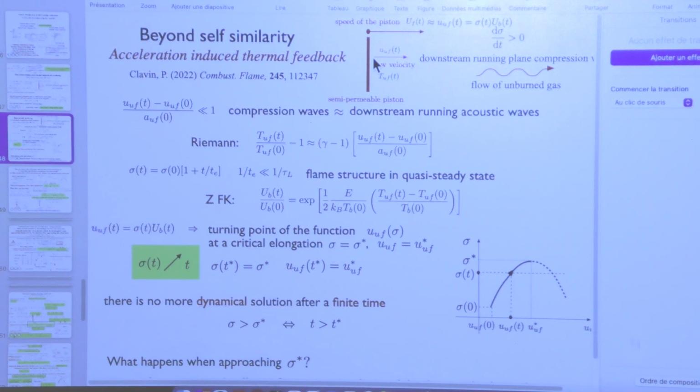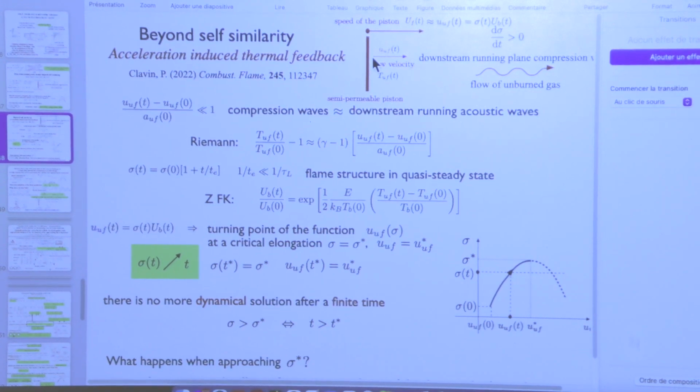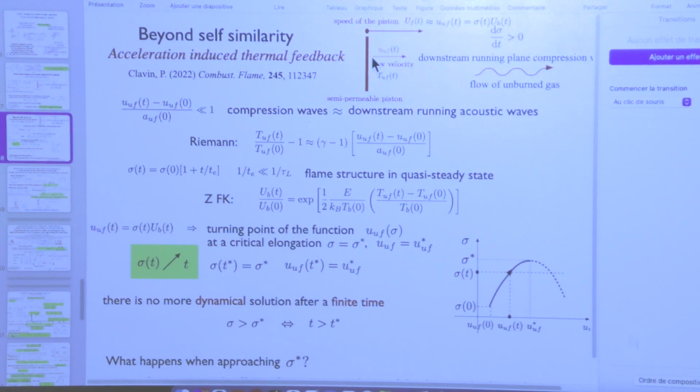But one has to be clear that I did not describe exactly the transition. I just showed that there should be a transition, but I did not describe exactly how the transition happens, because I was unable to take that into account, and I will explain that in more detail.